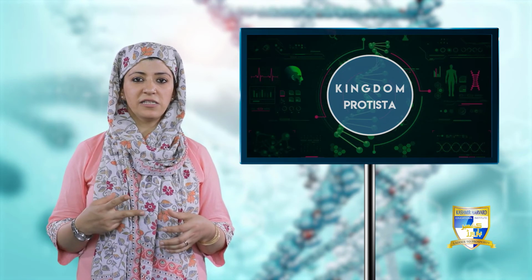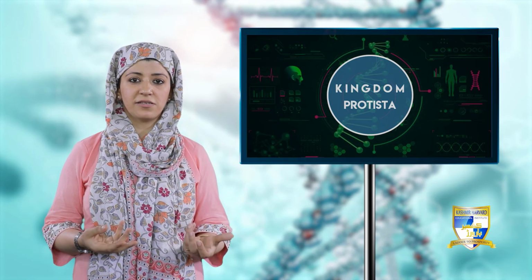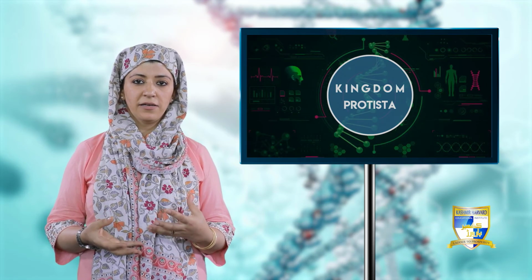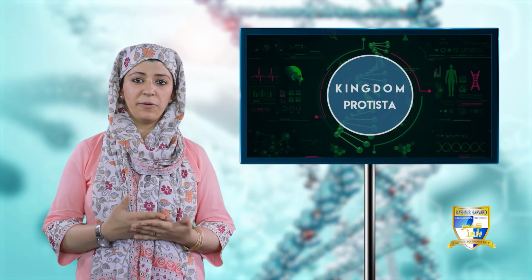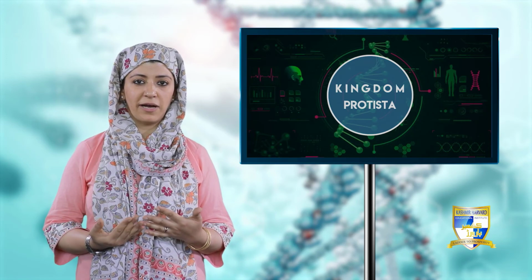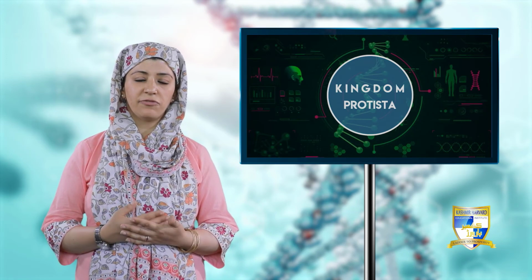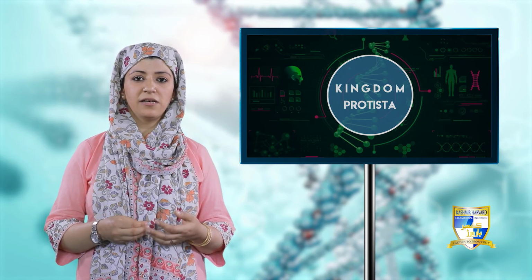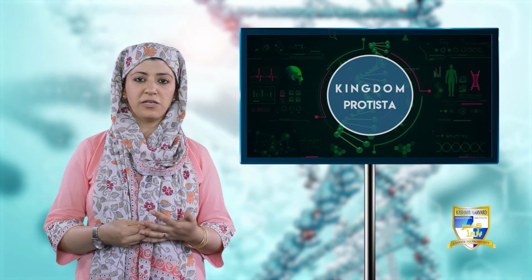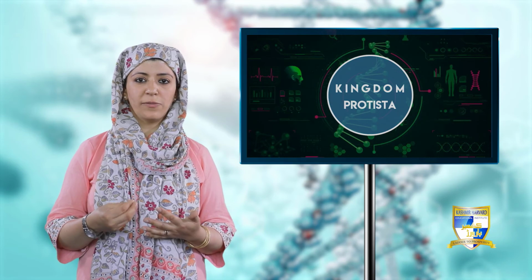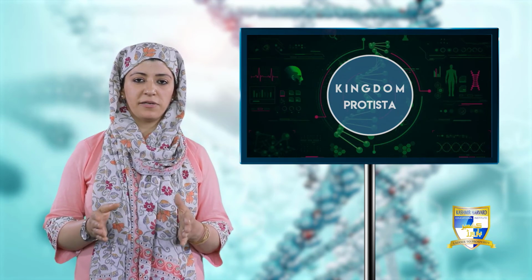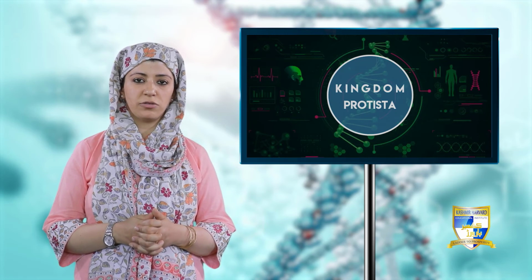The second is conjugation, as we discussed in bacteria also. In conjugation, two cells are there, one male and the other female. The male is the donor cell and the female is the recipient cell. The male transfers its genetic material, the extra chromosomal material, into the female, and both become F plus cells. So that is conjugation.